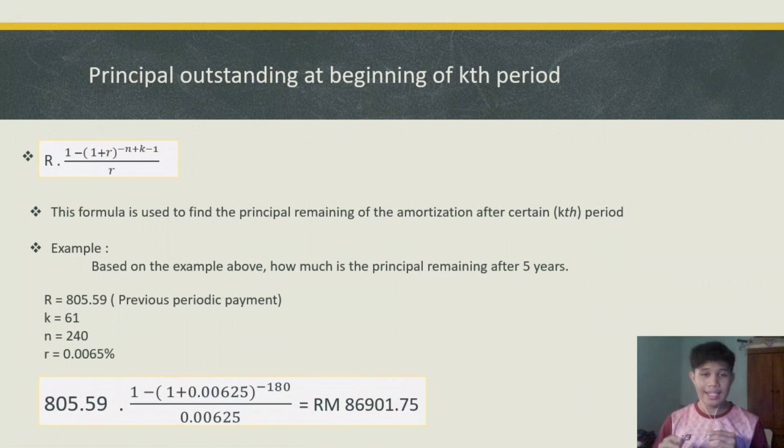So k is 61. How do we get that? It is based on the statement of the principal remaining after 5 years. Because the payment is made monthly, we need to multiply 5 by 12, and we get 60. And it is said after 5 years, so the first term after the 5 years is the 61st term.